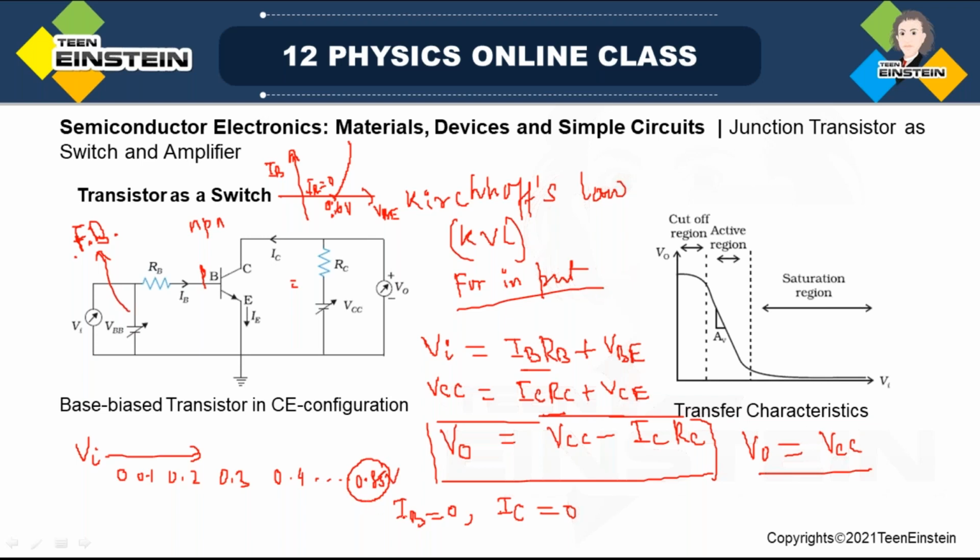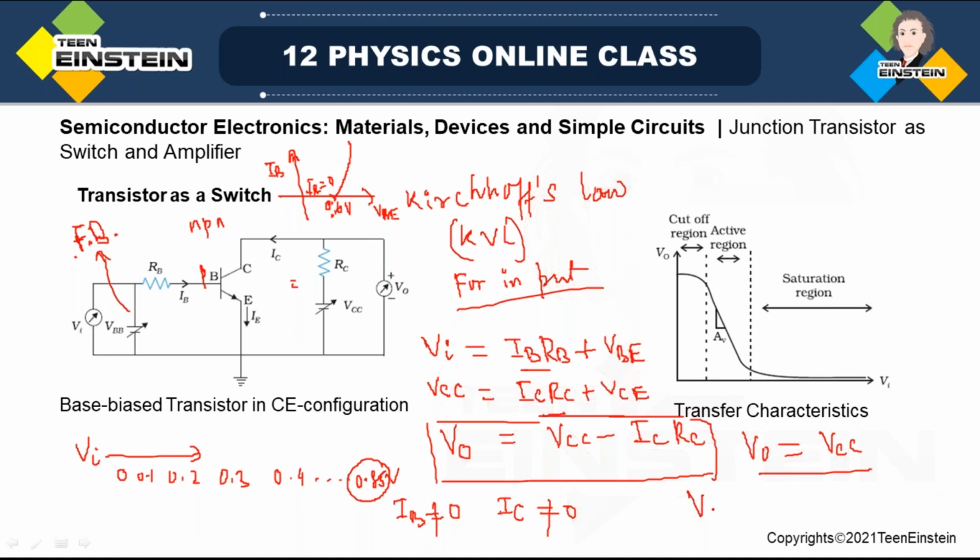When it is above 0.6, there will be some current, so IB will not be 0. IB will be gradually increasing beyond this cut-in voltage. So this is having some non-zero value. Then IC also will have some non-zero value.